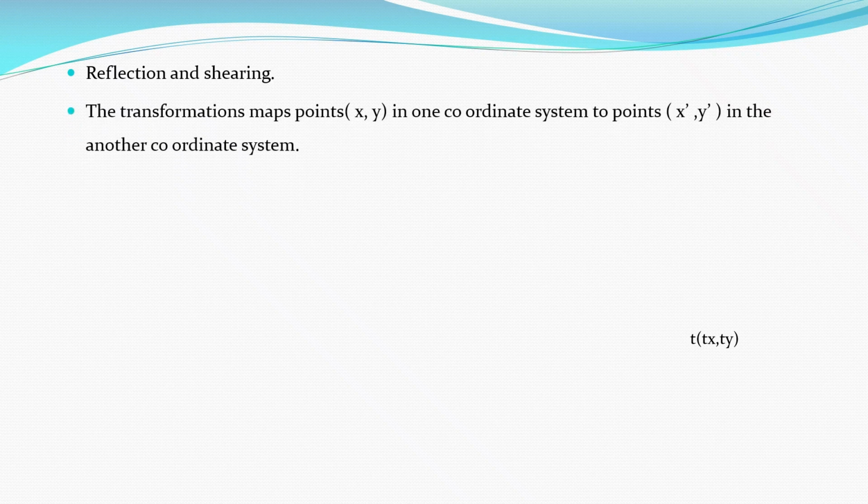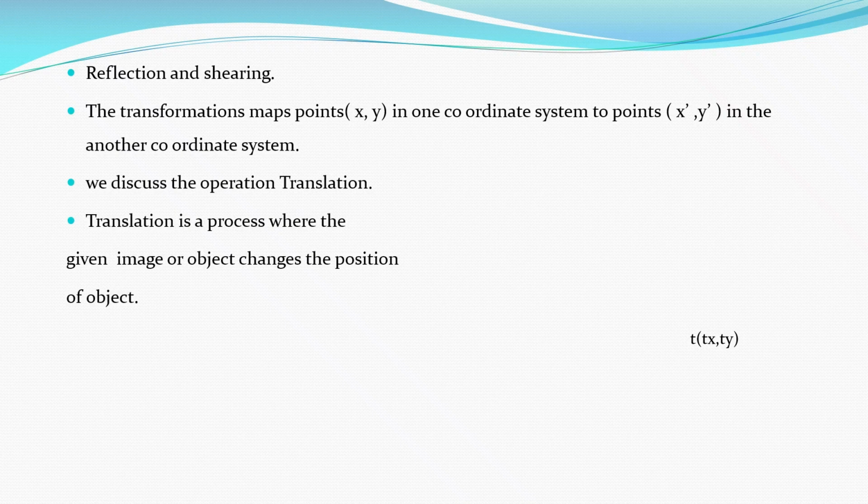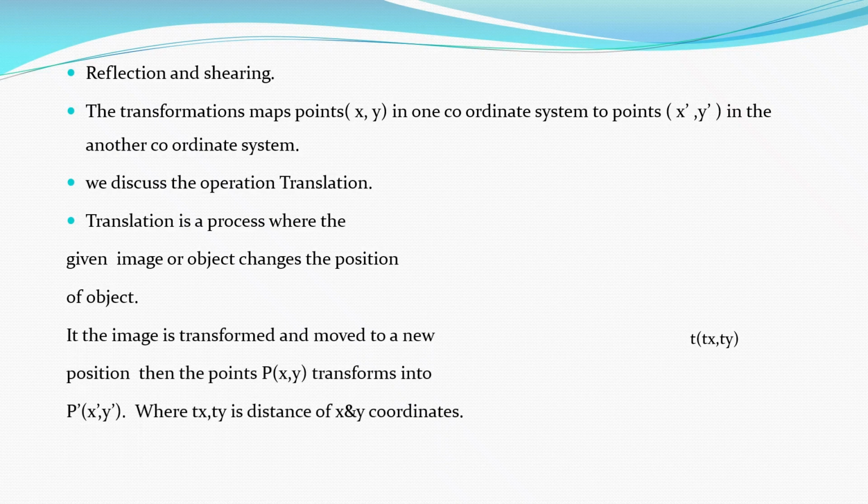In this transformation, a point xy is considered the original one and x dash y dash is considered the changed object. We are discussing translation, the process where the given image or object changes position.